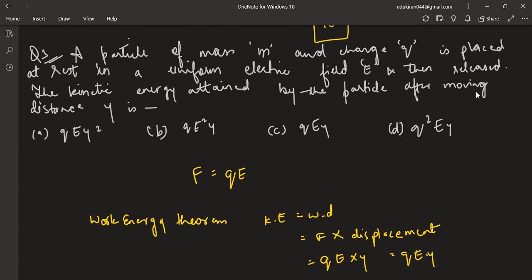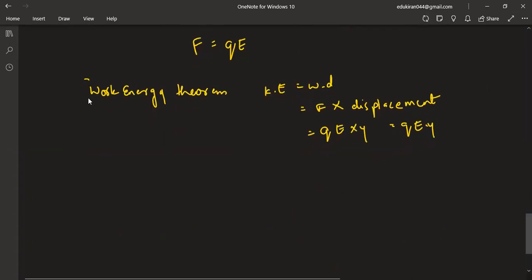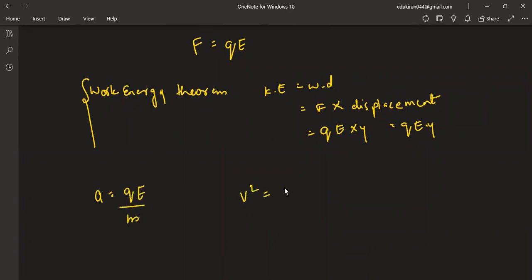Or if you want, you can solve this by another method, but this is very quick. Just in case, acceleration will be QE by m, right? F by m, so QE by m. If you use the equation v square is equal to u square plus 2as, u is 0, initially it is at rest. 2 into acceleration, s is y, this is v square.